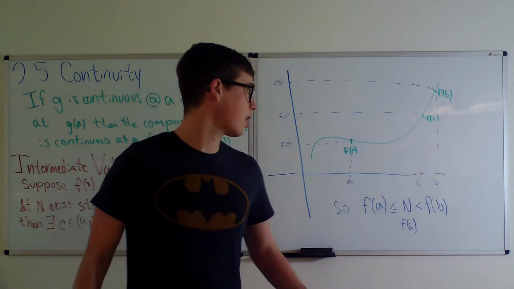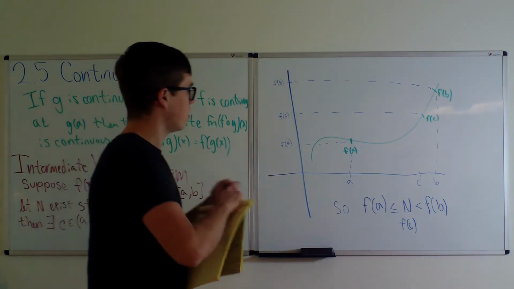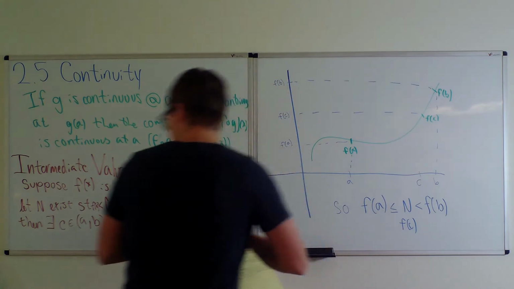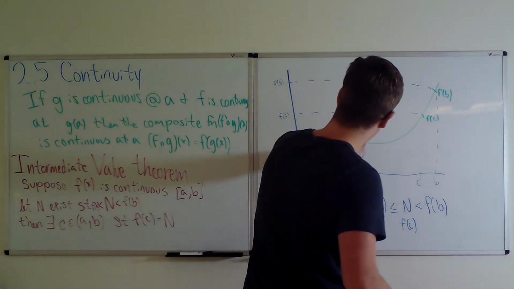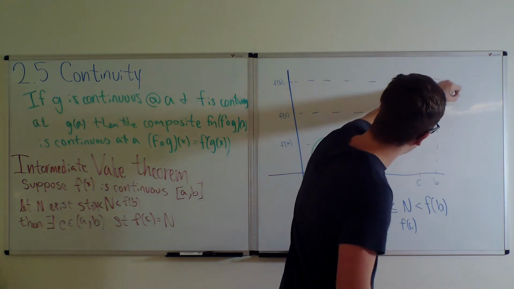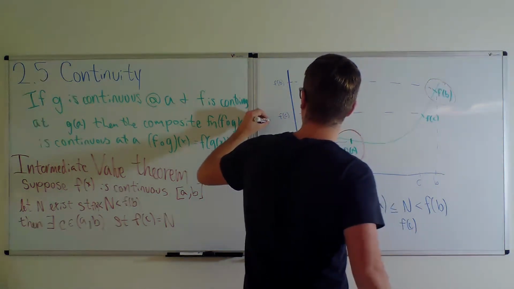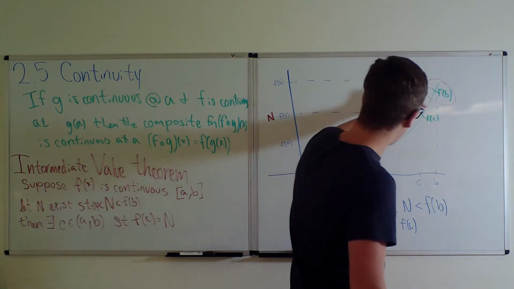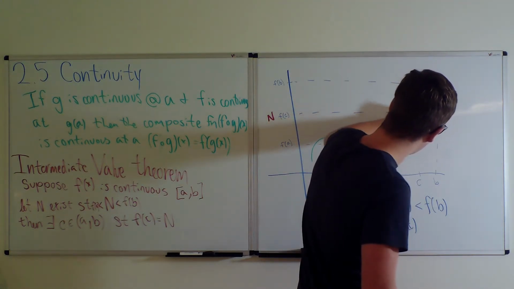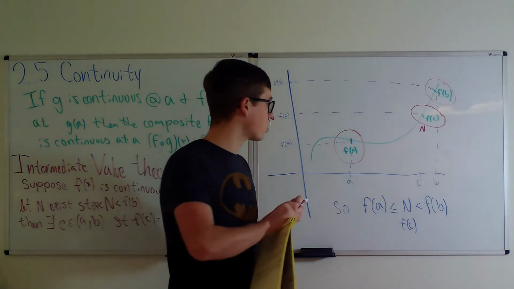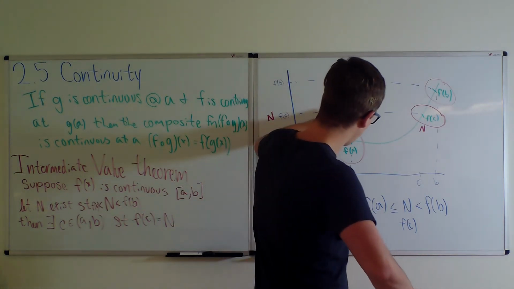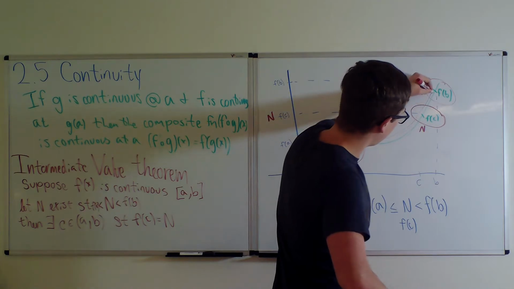Well, let's look at it on a graph. Alright, so you have your f of a, we've got a red pen, f of a here, your f of b, and you have some n right here. So, the function has to be continuous from here to here, right?